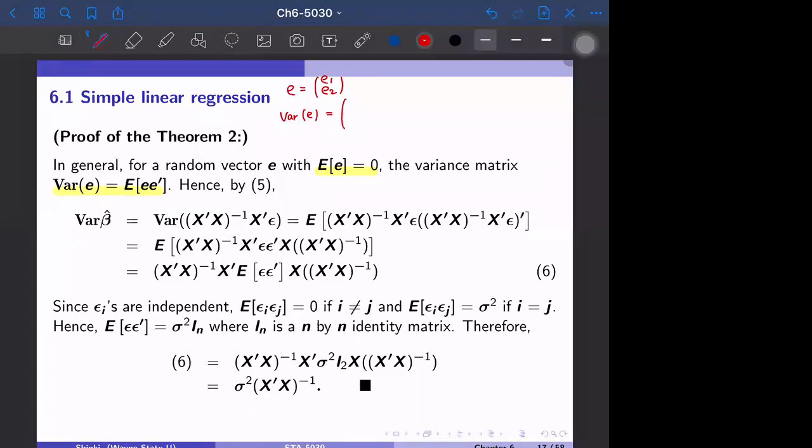The off-diagonal term is the covariance of E1 and E2, and the diagonal terms are the variance of E1 and the variance of E2. So the off-diagonal part is the covariance of E1 and E2. So this is actually just the expectation of the vector (E1, E2) times the vector (E1, E2) transposed.